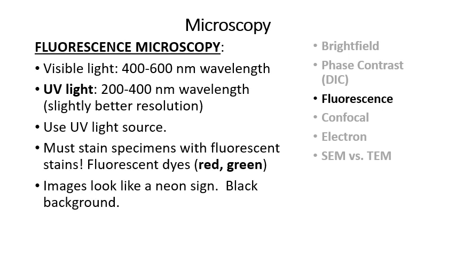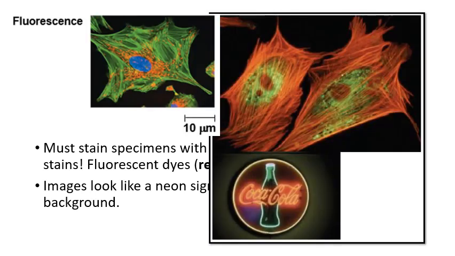In order to see the specimen, you have to stain it with fluorescent stains. There are fluorescent dyes that will fluoresce green or red once they're exposed to ultraviolet light. And so once you get the image, they look a little bit like neon Coca-Cola signs, because you see a fluorescent image on a black background.